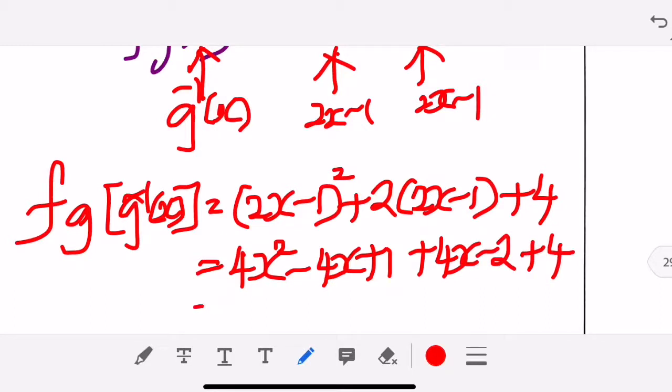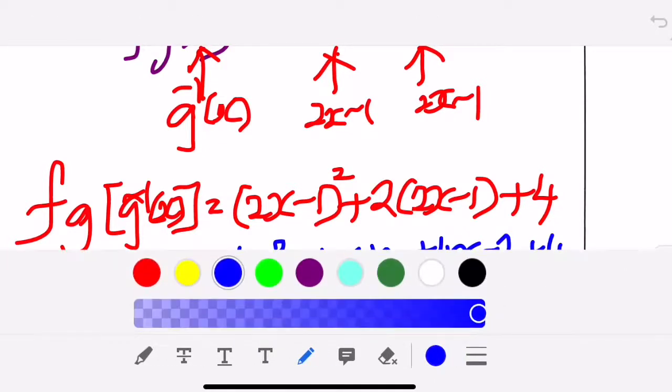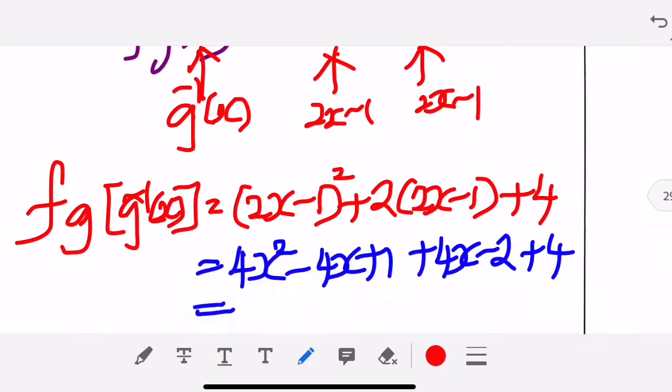You can cancel out negative 4x and 4x. So now your answer becomes very simple, which is 4x squared, and then you have 1 minus 2 plus 4, which is 3. So 4x squared plus 3. And actually this is your f(x).